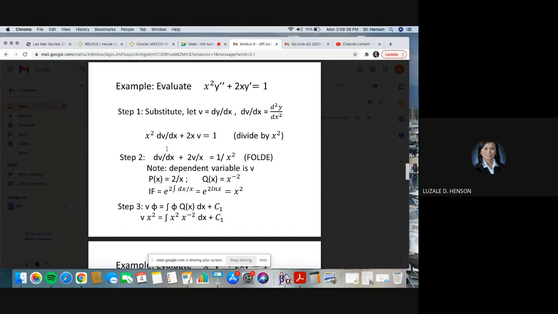And projecting backward, that's it. So you can skip this. Instead, you write the integral of the derivative of x squared times v dx equals the integral of 1 dx, right?